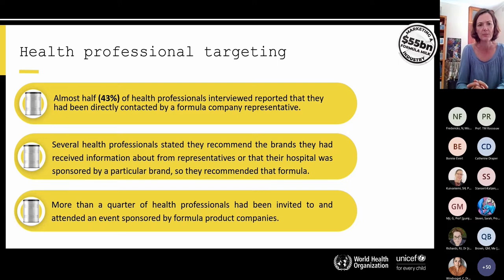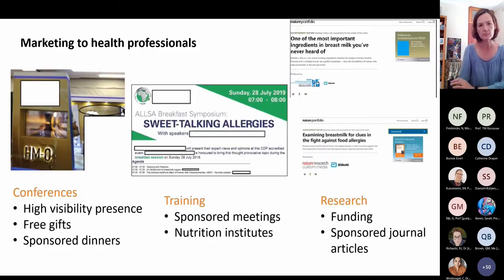More than a quarter of health professionals had been invited to and had attended an event sponsored by a formula product company. So the marketing directly to health professionals takes the form of sponsorship of stands at conferences where they have a high visibility presence. They give out free gifts and sponsor breakfasts, lunches, dinners.